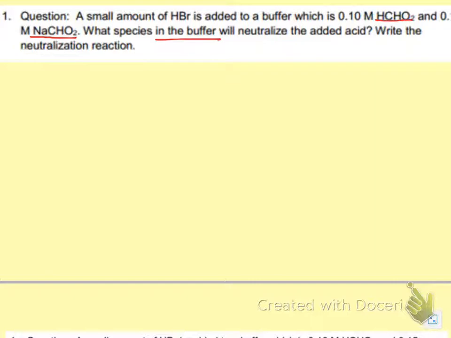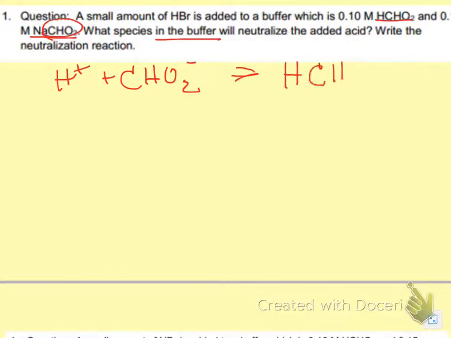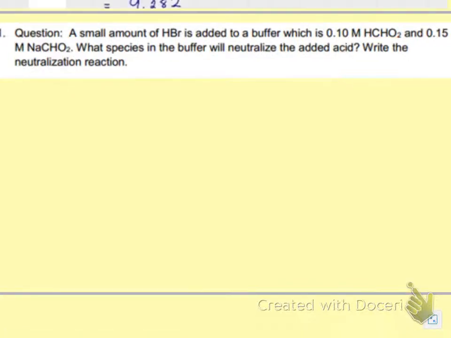Okay, so I've got H plus from the HBr, and it's not going to be neutralized by an acid, so it must be neutralized by this. And I write it as a net ionic, right? And then when I do that, I'm going to end up with HCHO2. Okay? Let's take a look at the next one.